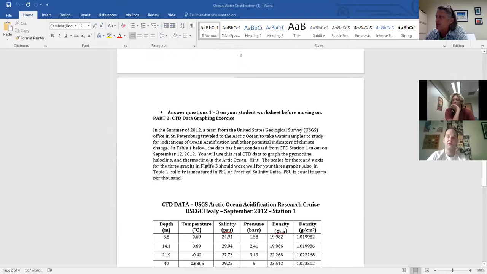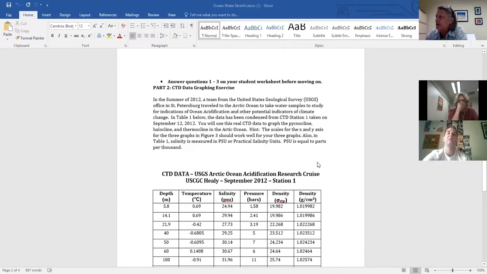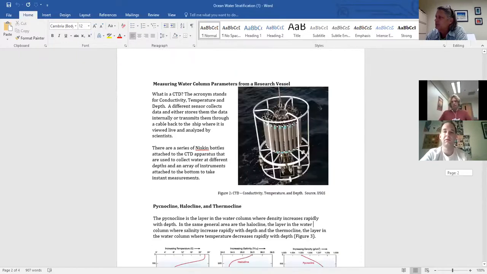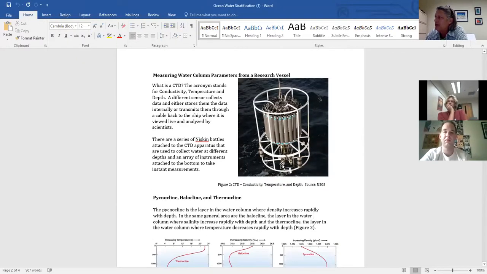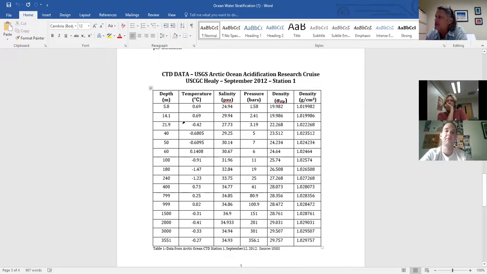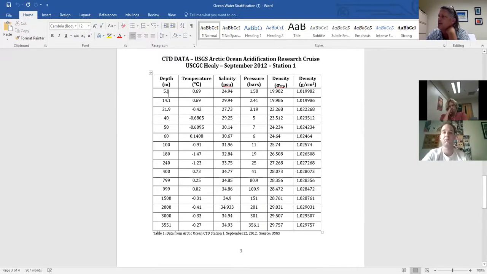All right, so here's the data collected. The apparatus is dropped down, water samples are collected, pressure is measured, temperature is measured. And here's the data, collected by the U.S. Coast Guard vessel, the Healy. This was taken in September.